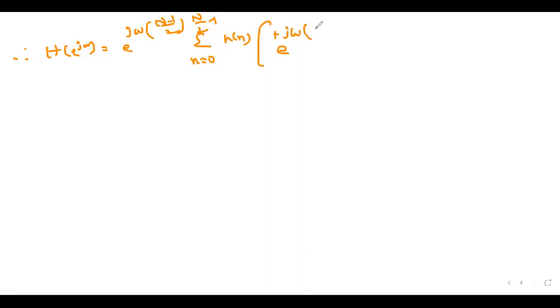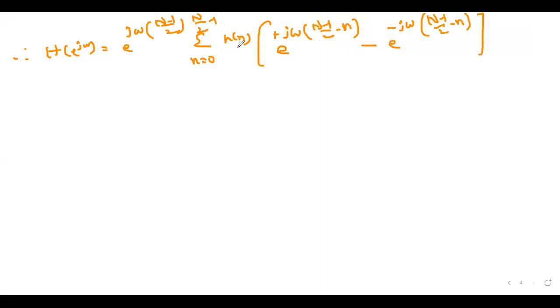Therefore, H of e power j omega is equal to e power minus j omega of N minus 1 by 2 into, sorry, summation n equal to 0 to N by 2 minus 1 h of n into e power plus j omega of N minus 1 by 2 minus n minus e power minus j omega of N minus 1 by 2 minus n.